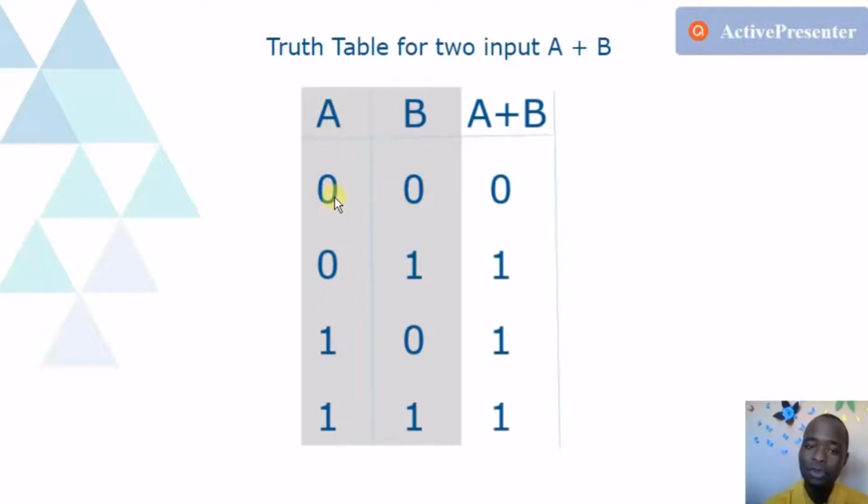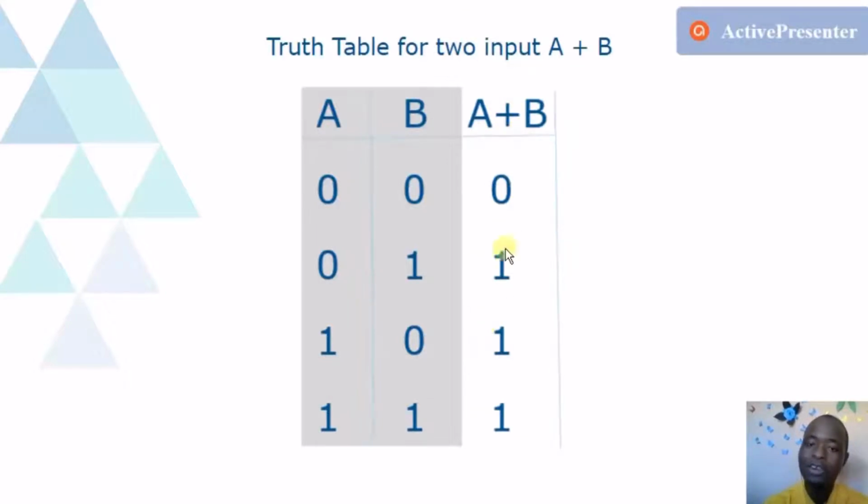We start by representing the first input A as 0, 0, 1, 1. Then the next one, B, we represent not as 0, 0 again, but as 0, 1, 0, 1. And this is our output, A plus B.